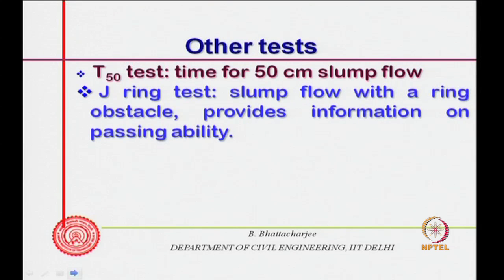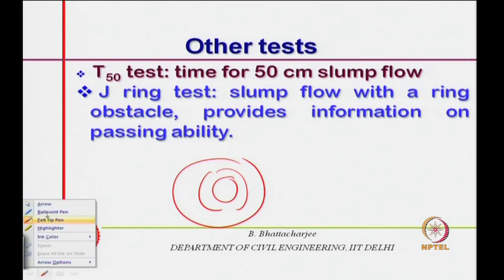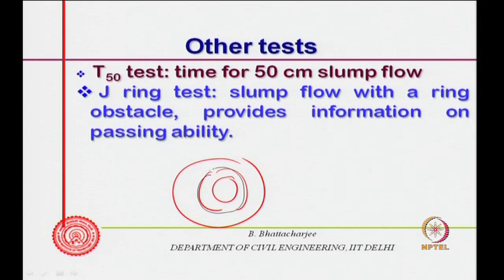So, that is a measure of slump, in a way slump retention, or related to it; it is another test actually. The J ring test is slump flow with a ring obstacle. So, you have the same slump flow, but there is an obstacle here.